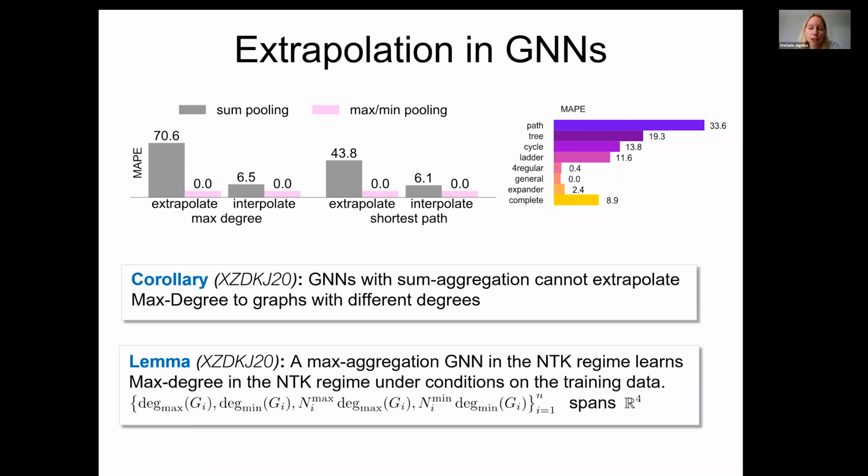This analysis was done in the NTK regime, the neural tangent kernel, so for this proof to work, you have to be in that regime, and you also need specific conditions on the degree distributions of your data. It's a very simple condition: you have to have enough support to span R^d. You get similar results if you not only extrapolate with degrees of the graphs, but also change the distribution of the node features. You observe similar phenomena.